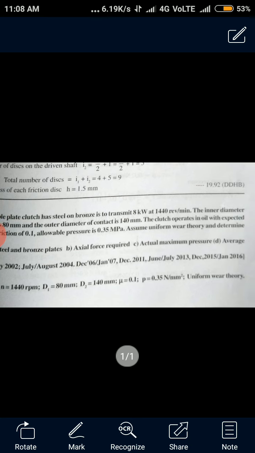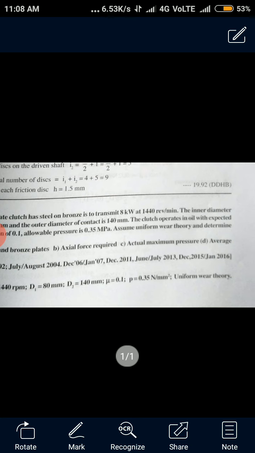What is being asked? Number of steel and bronze plates, axial force required, actual maximum pressure, then average pressure. So here we need to understand which will be the driving plate and which will be the driven plate.